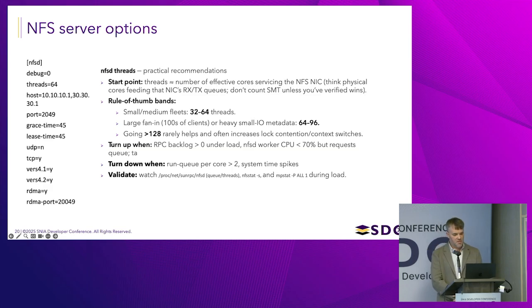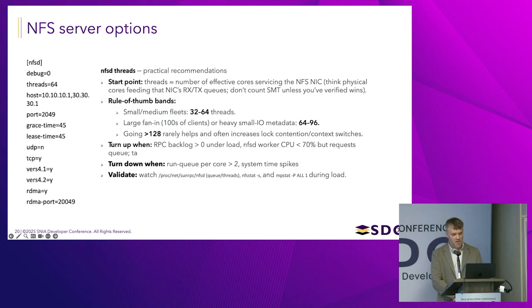Okay, let's move further. For NFS server options, there are about 4 or 5 different options in the NFS configuration file which impact the performance, and the most influential option is the number of NFS threads. By default, Linux has 8 NFSD threads, which is not enough for high-performance NFS storage, and my recommendation is to set this amount equal to the number of efficient CPU cores.